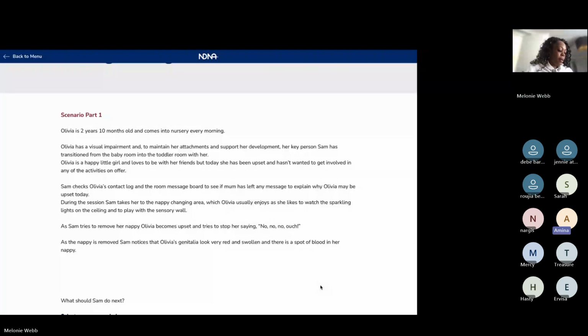Ask what happened and see if she tells you, and then report it to your room leader, and then write it down on MyConcern, and then tell your safeguarding lead.